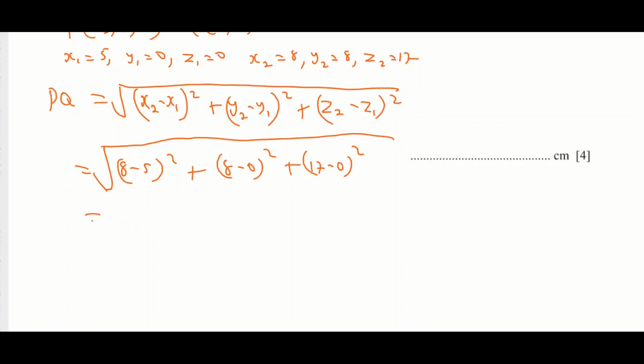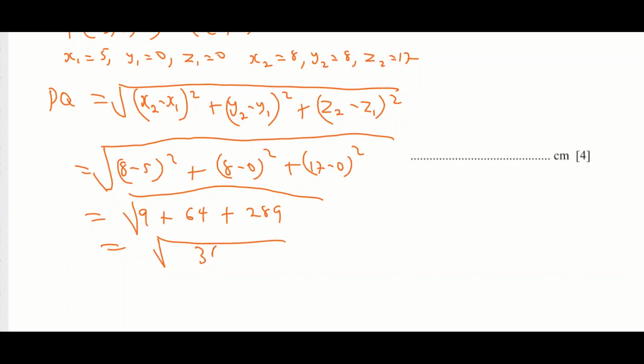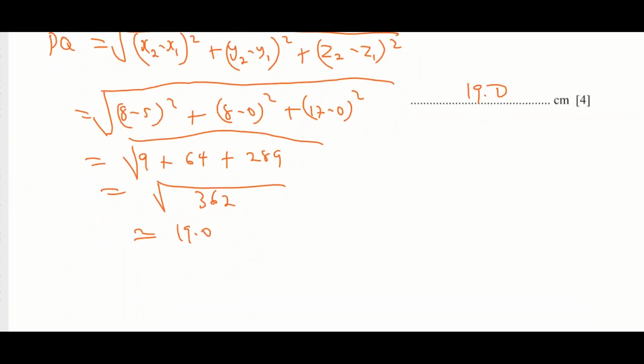So this will be equal to 8 minus 5, 3 squared, 9, plus 64 plus 289, square root. This will be equal to the square root of 362. So this will be approximately 19.0 centimeters. So this is 19.0 centimeters. Okay, so that is the final answer there.